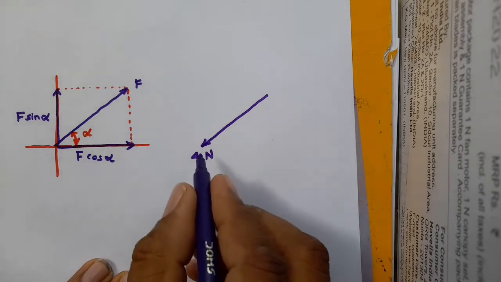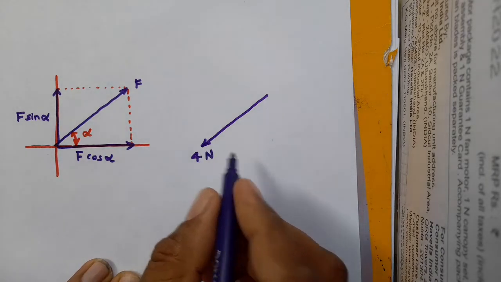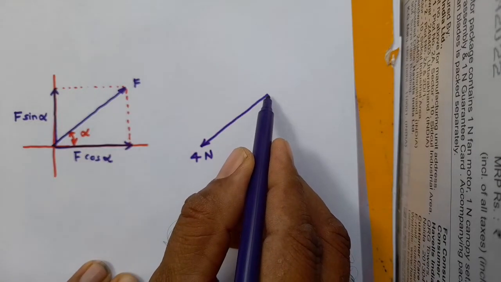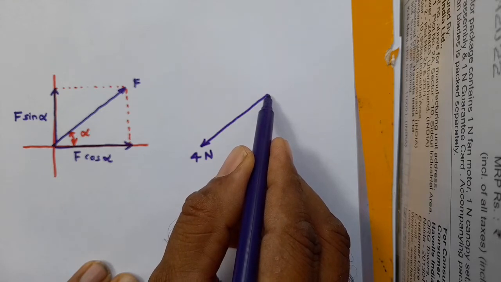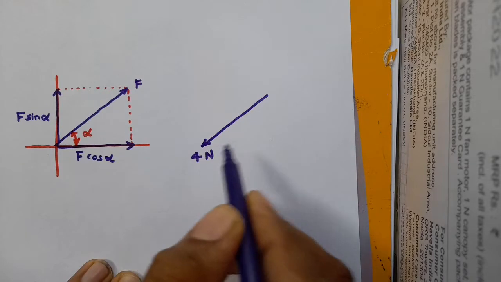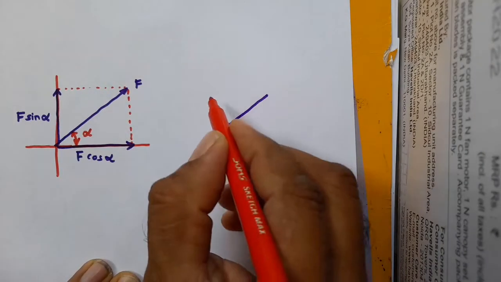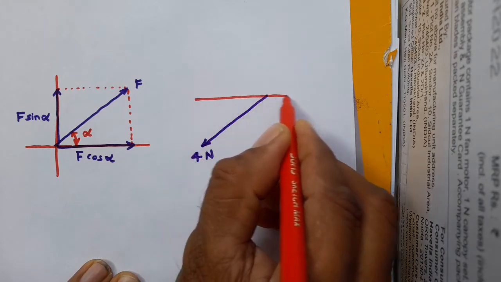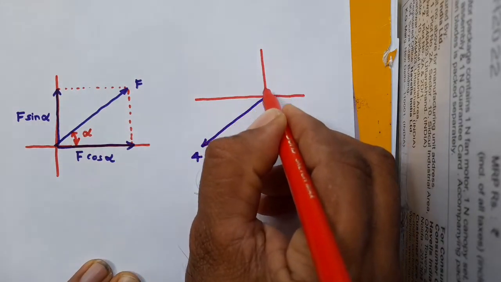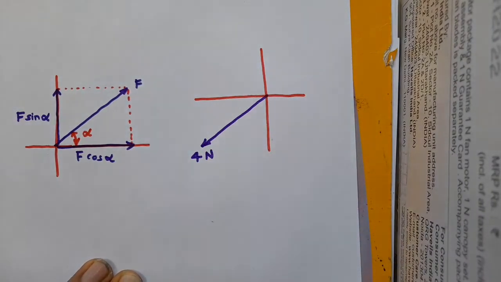So when the force is given, make sure that you know its starting point. So this is the start and this is the end. Through the starting point you have to draw a horizontal line and the vertical line.